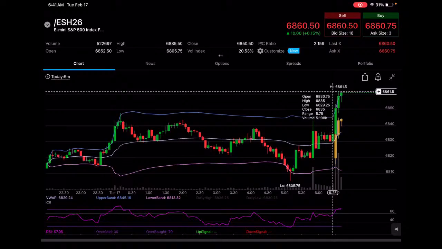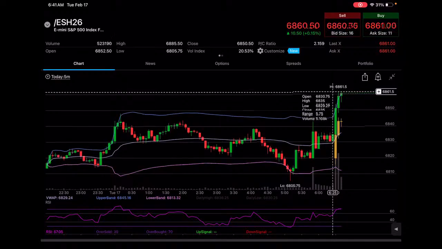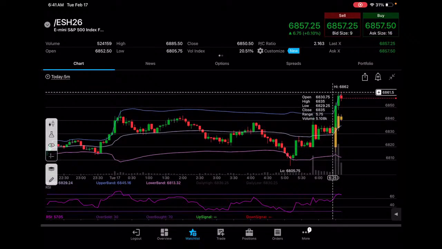But what we're waiting for right now before we enter any trades is a retest. So the price has gone up to 68.61. It will be coming back down shortly to the VWAP line, and it will test the VWAP line to determine if we are truly going to have a bullish day or a bearish day.